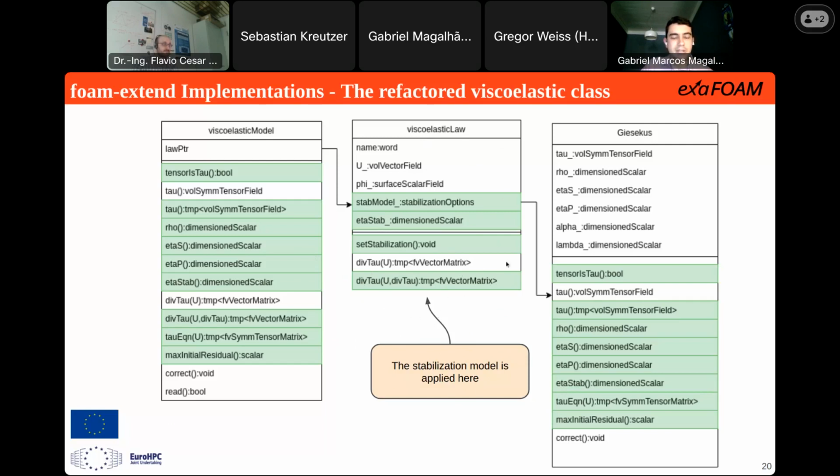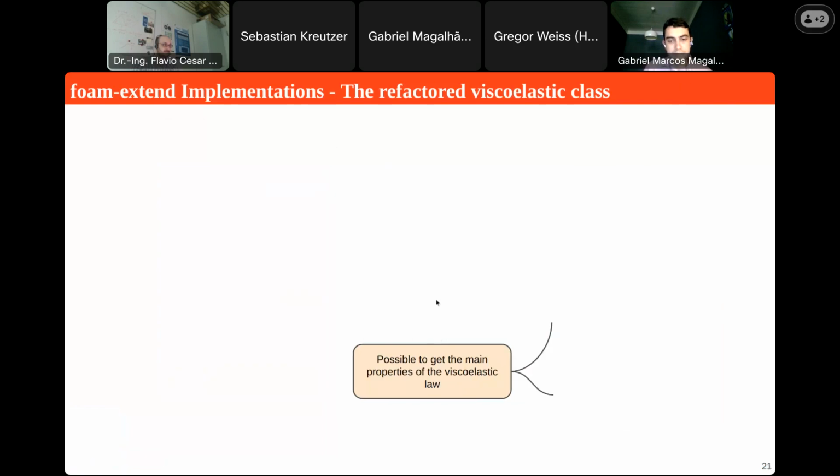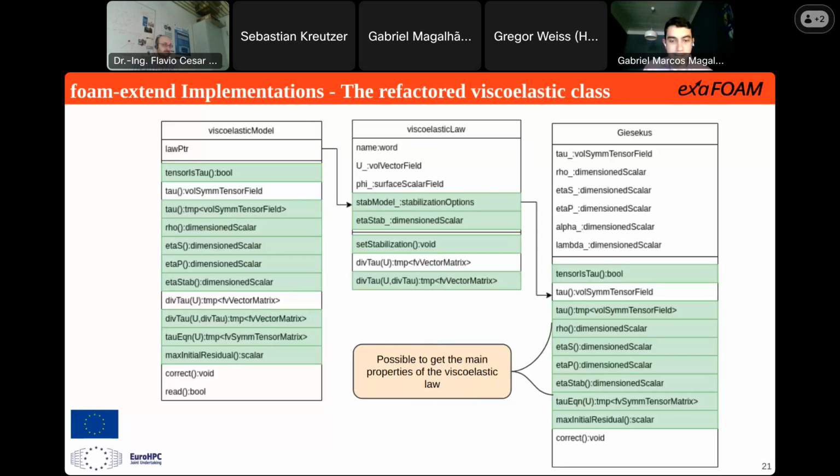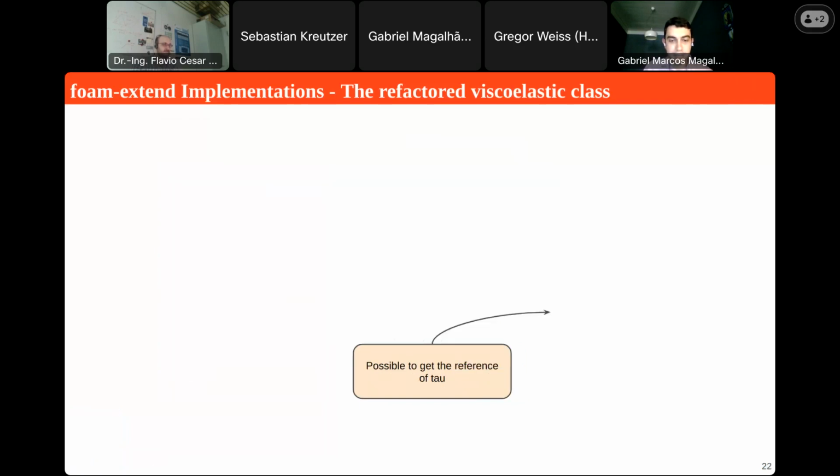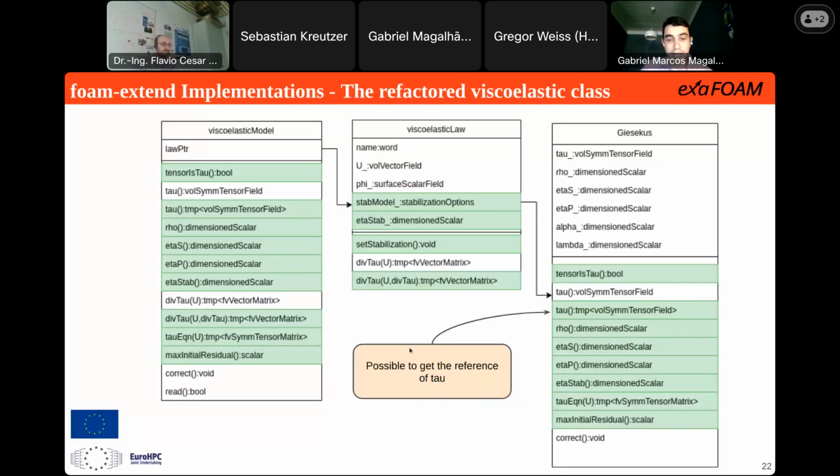It was implemented as an enumerated list. So now it's possible to choose between the BSD, the IBSD, or no applied stabilization model. We are retrieving some properties if necessary. Now it's possible to get both the reference for tau. It's important, for example, for the fully coupled solver.